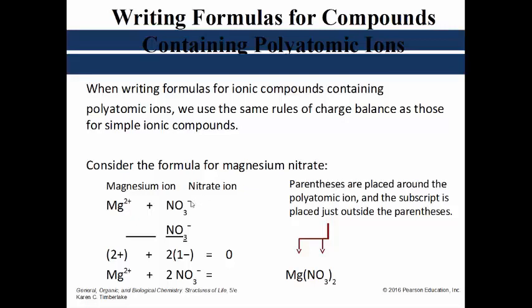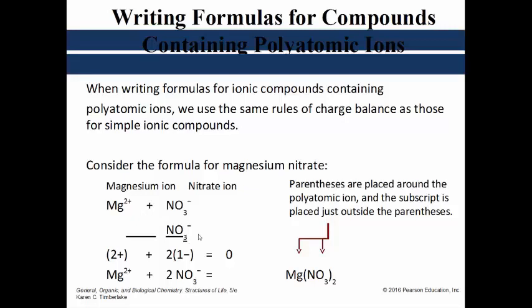So in order for that to balance and equal a net charge of 0, you need to have 2 of this whole unit, because this has a charge of negative 1. So getting 2 of those will give you an overall charge of negative 2. Those negative 2 charges plus the positive 2 for magnesium balance out. So you need to have 2 of this entire thing here to balance out the positive 2 for magnesium ion.